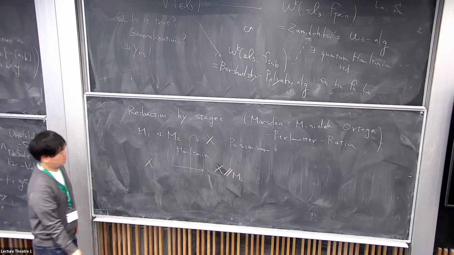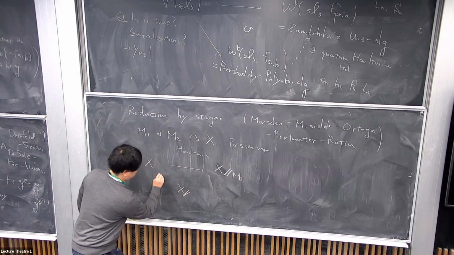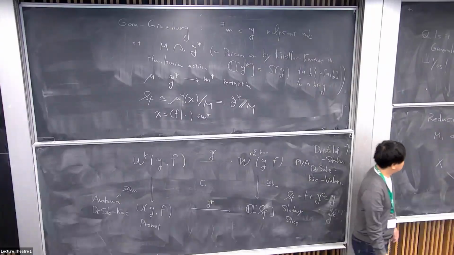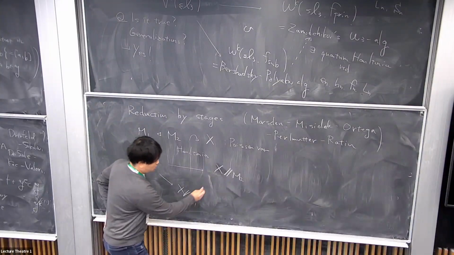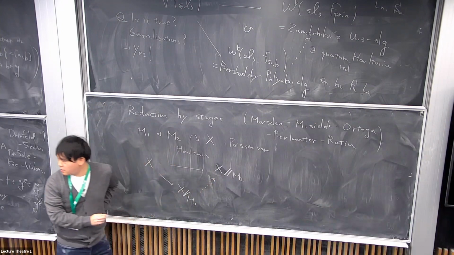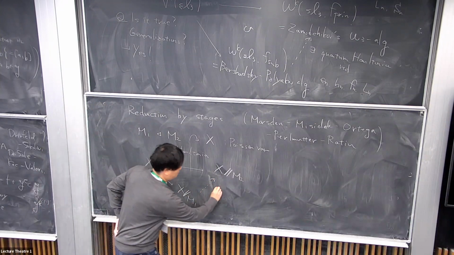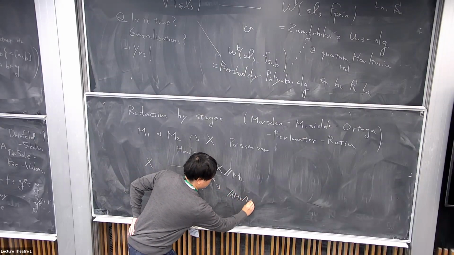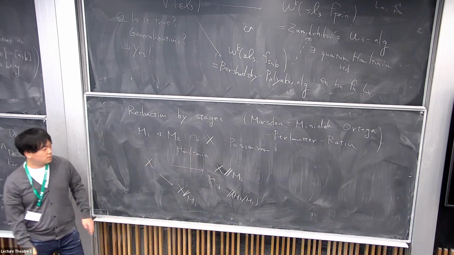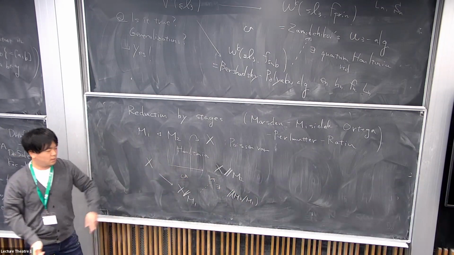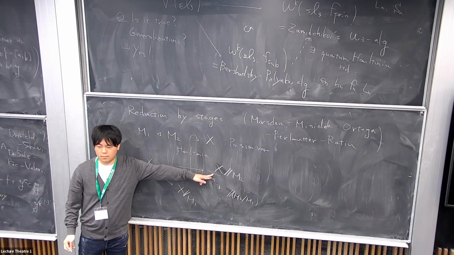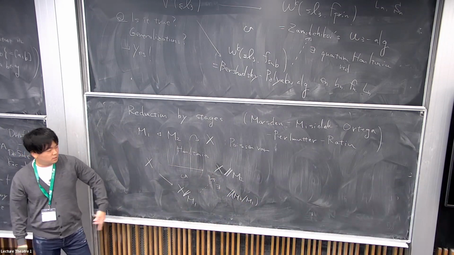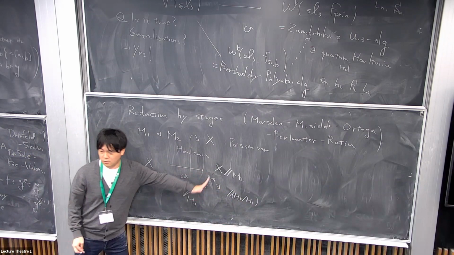But M1 is also a subgroup, so we can also think about another Hamiltonian reduction restricted to M1. But the statement of reduction by stages is, under a nice assumption, we can take the Hamiltonian reduction by M1 first and then by the quotient M2 over M1. Then we also obtain the same Poisson variety as the Hamiltonian reduction by M2. So this is called reduction by stages because this Poisson algebra is obtained in stages.